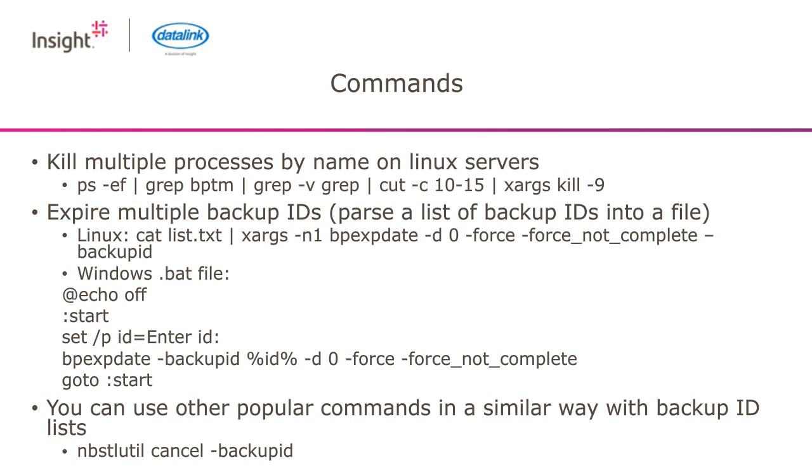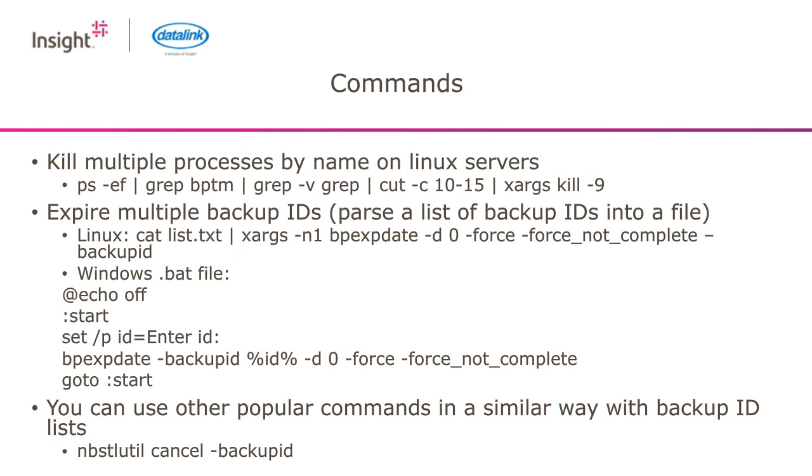You can grep for the process in question. BPTM is a likely candidate because it's going to have hooks into clients, and a lot of the times on a media server it might hang out there if you're having an issue locally with processing or memory or whatever else. So this can be a handy command just to go ahead and kill all those in one fell swoop so you don't have to kill them individually.